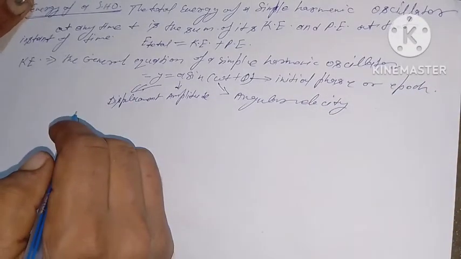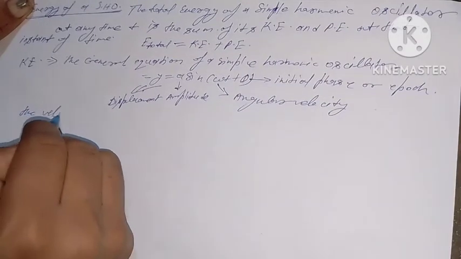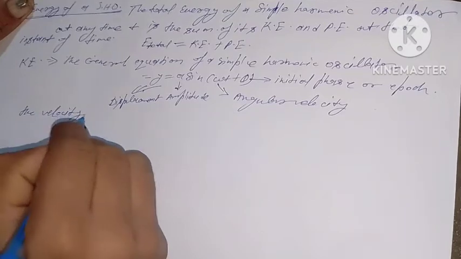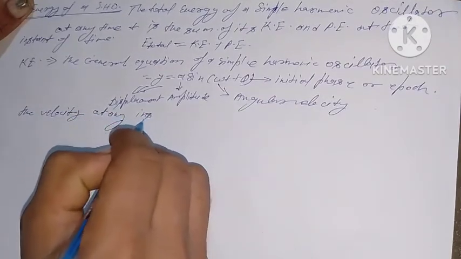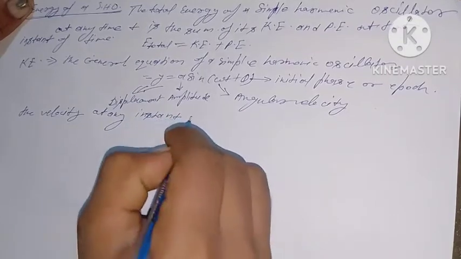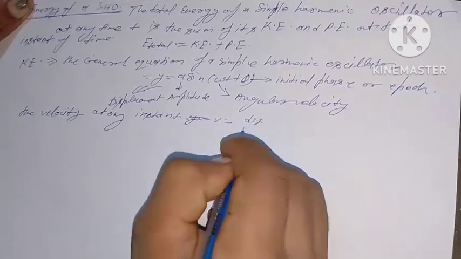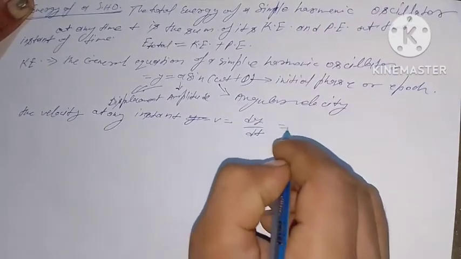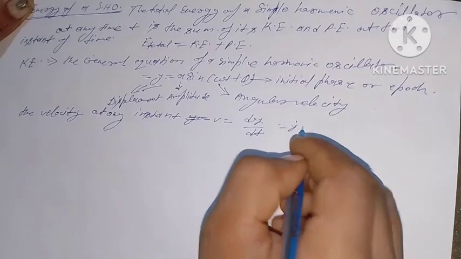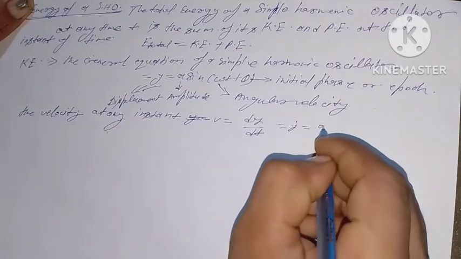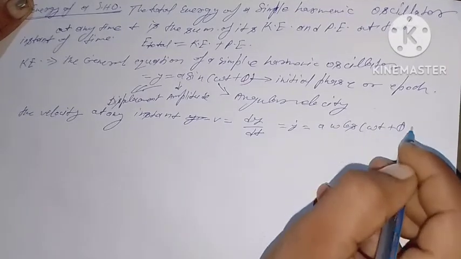Okay, the velocity at any instant, v equal to dy upon dt, that is the differential of y, equal to a omega cos(omega t plus phi).